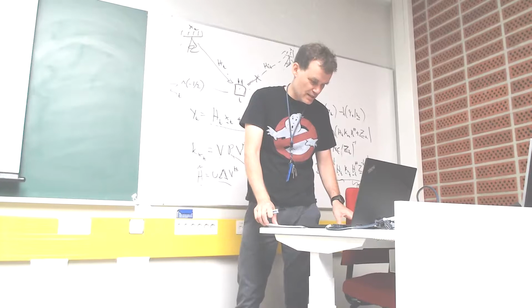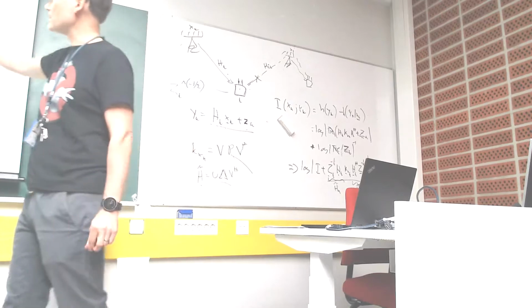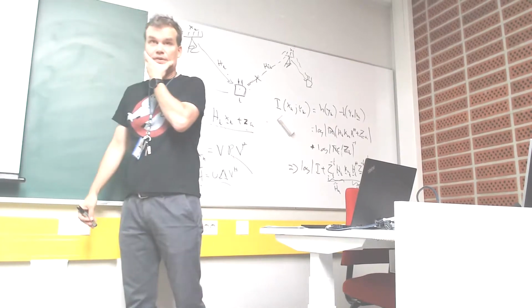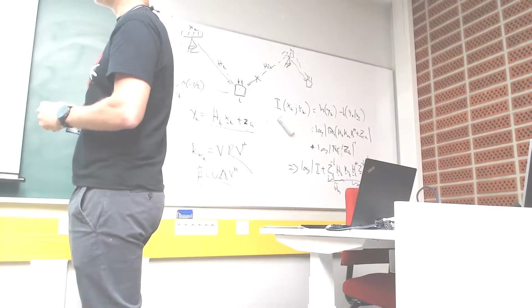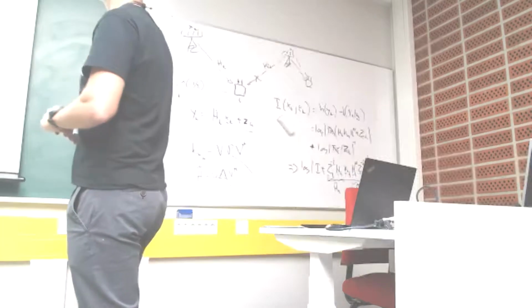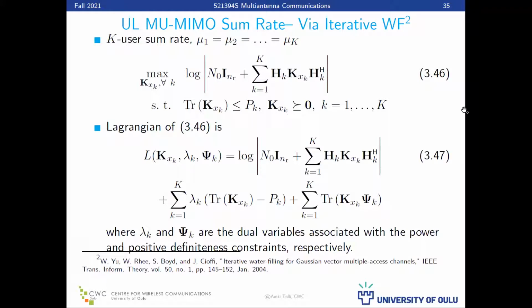There's a special case. You used to have an extension of this as a project work for the old version of wireless communication, to implement iterative water filling to compute the sum rate for the multi-user case. Sum rate meaning that now we are interested in the time sharing region, where all the users are equally important. The same sum rate can be achieved with all decoding orders, but obviously the rate per user depends on the decoding order.